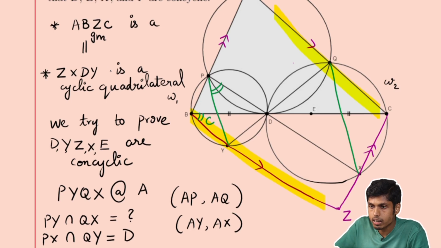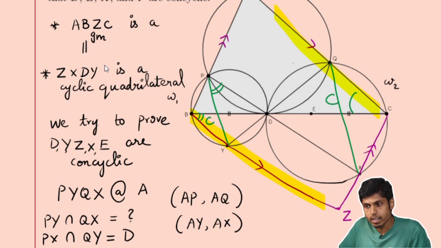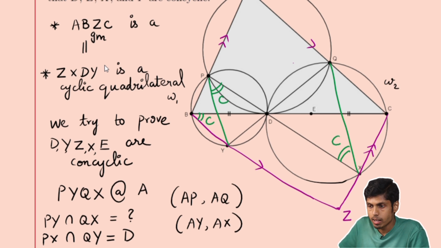So this angle is C. Hence, by alternate interior angles, angle YBD is C. Therefore, YPD will be C. Similarly, QCD is C by definition. Therefore, QXD is also C. And hence, PY is parallel to QX.